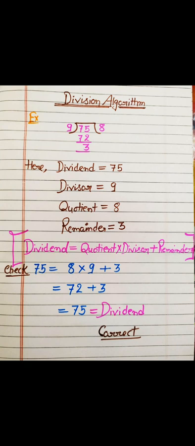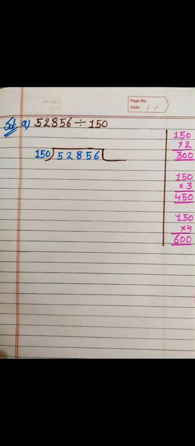So let's solve a few questions based on this. Here we have to find the quotient and remainder and also verify the answers. How can we check? Listen, first we will divide 52,856 by 150.